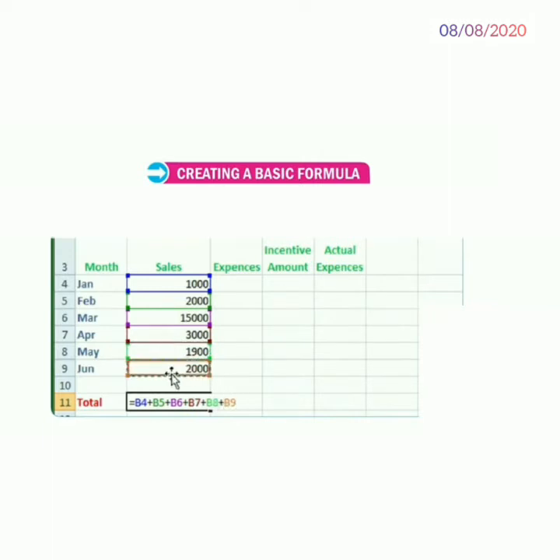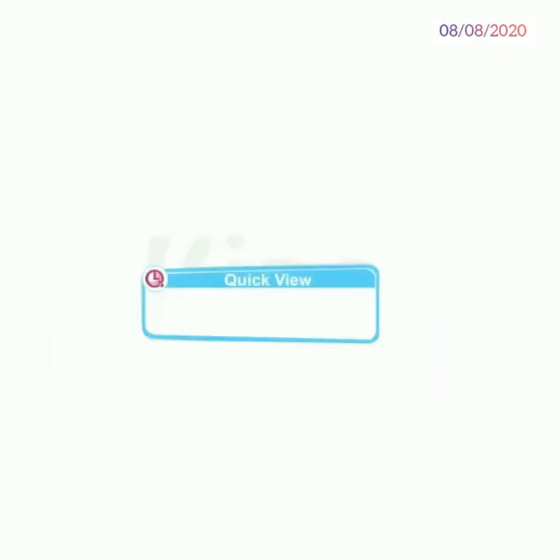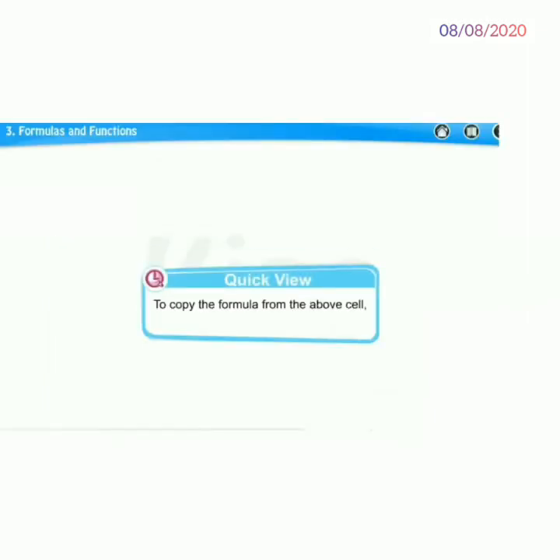As you can see on the screen, after that just press enter. You can see the result displayed in cell B11. If you want to copy the formula from the above cell, just press Ctrl plus apostrophe. You will find that the formula is copied from the above cell.